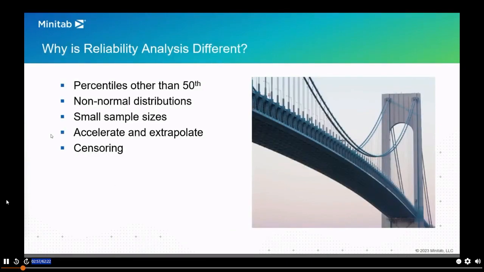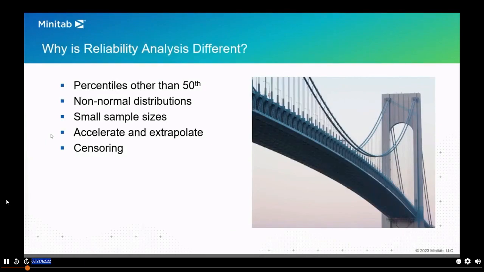Well, reliability is different because, first of all, we're very rarely looking at the 50th percentile. You can see the picture on the right here. We're looking at a suspension bridge. Nobody cares when 50% of those cables fail. We're much more interested in the tails of the distribution.